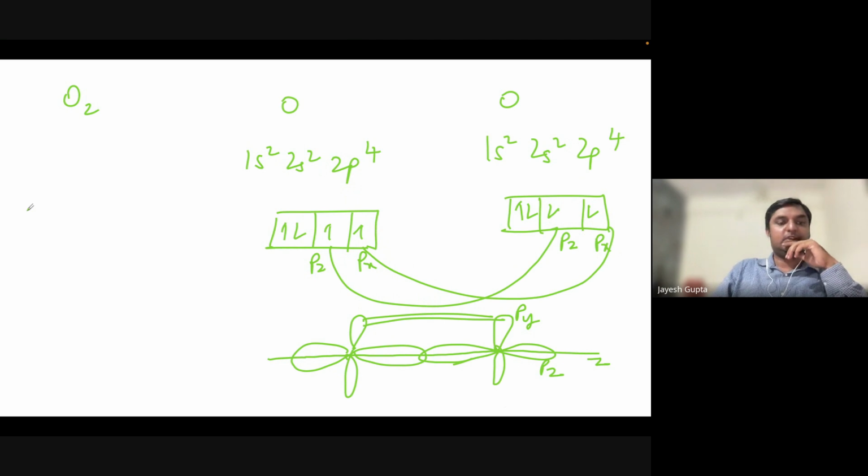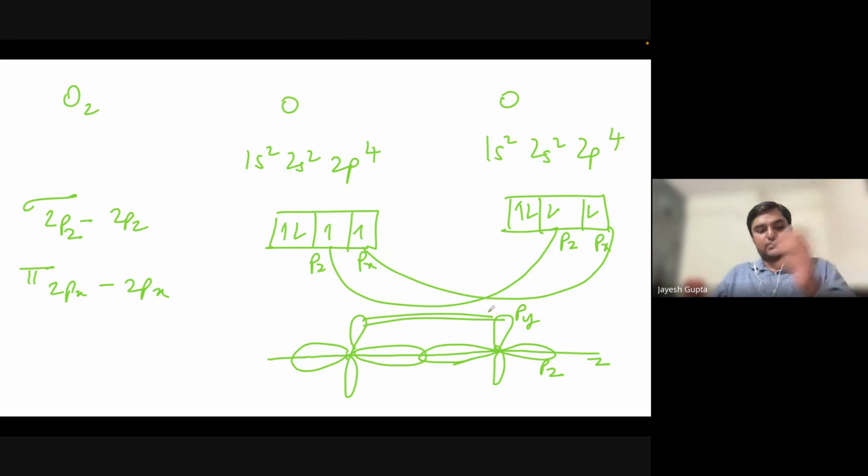So the bond you can think of here will be sigma 2PZ and 2PZ, as well as pi of 2px and 2px.